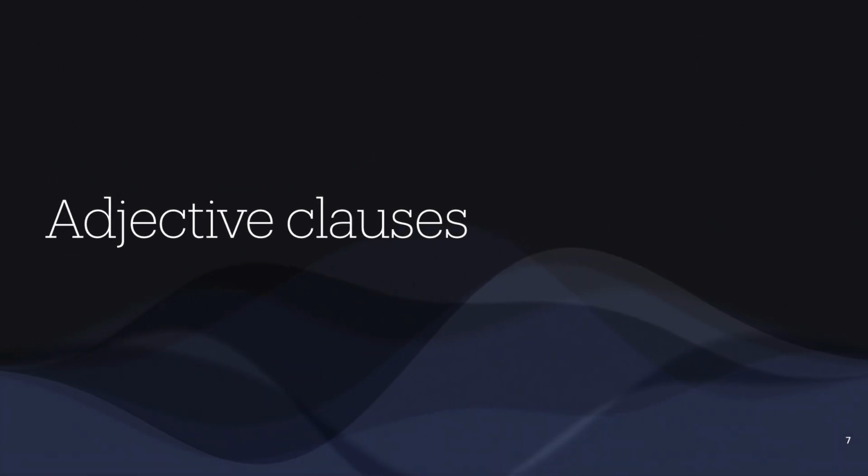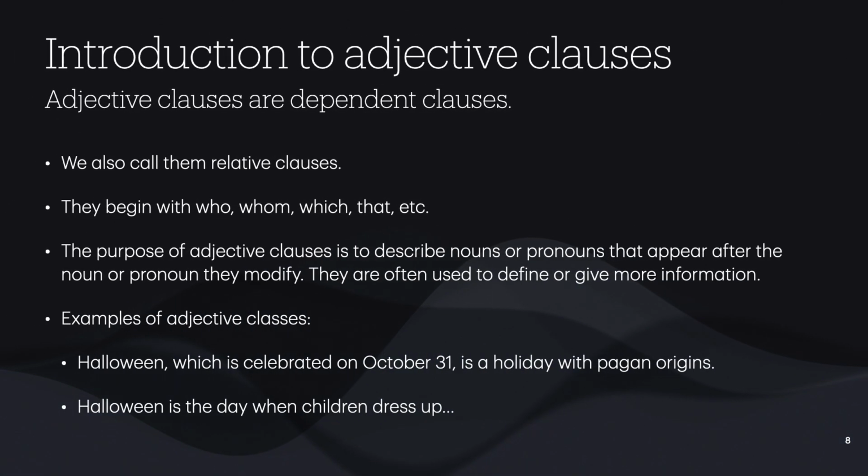Now let's move on and talk about adjective clauses. Introduction to adjective clauses. Adjective clauses are dependent clauses, and we sometimes call them relative clauses as well. They begin with who, whom, which, that, etc. The purpose of adjective clauses is to describe nouns or pronouns, and they appear after the noun or pronoun they modify.